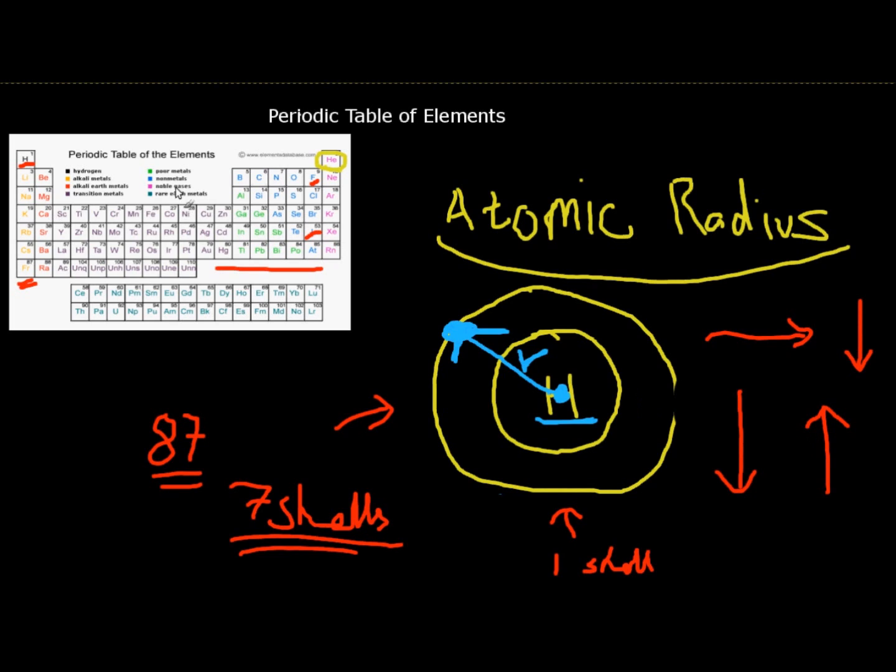Maybe you'll be given a group with elements X and Y and told to answer which one has the smaller radius, or they'll give you a specific period and tell you to arrange them in increasing or decreasing order. So basically you need to know what happens when you go across the period, and what happens when you go down the group. As long as you know that and the logic behind it, you'll be fine. Okay, that's it for atomic radius.